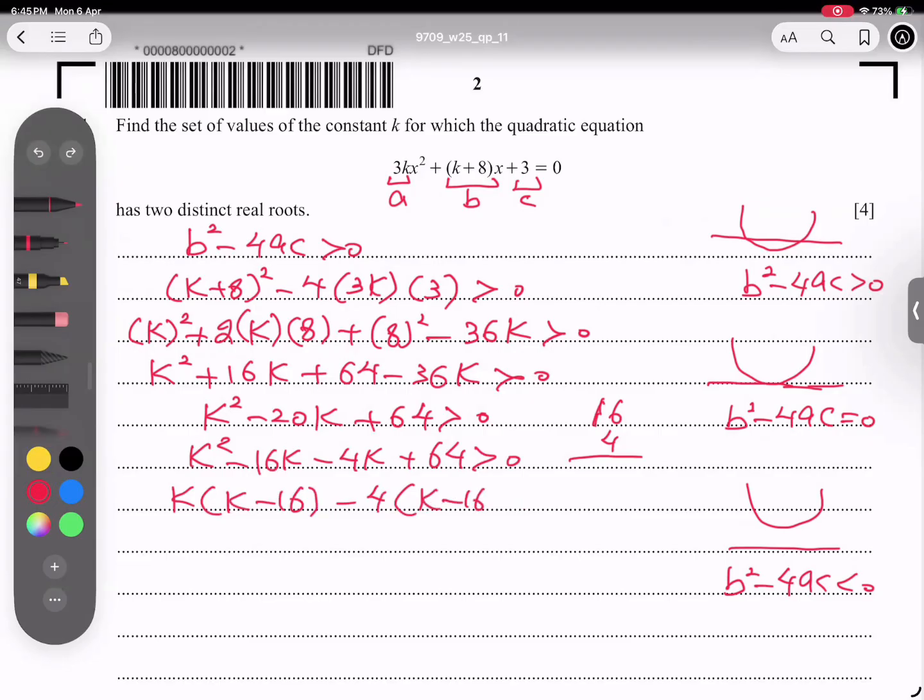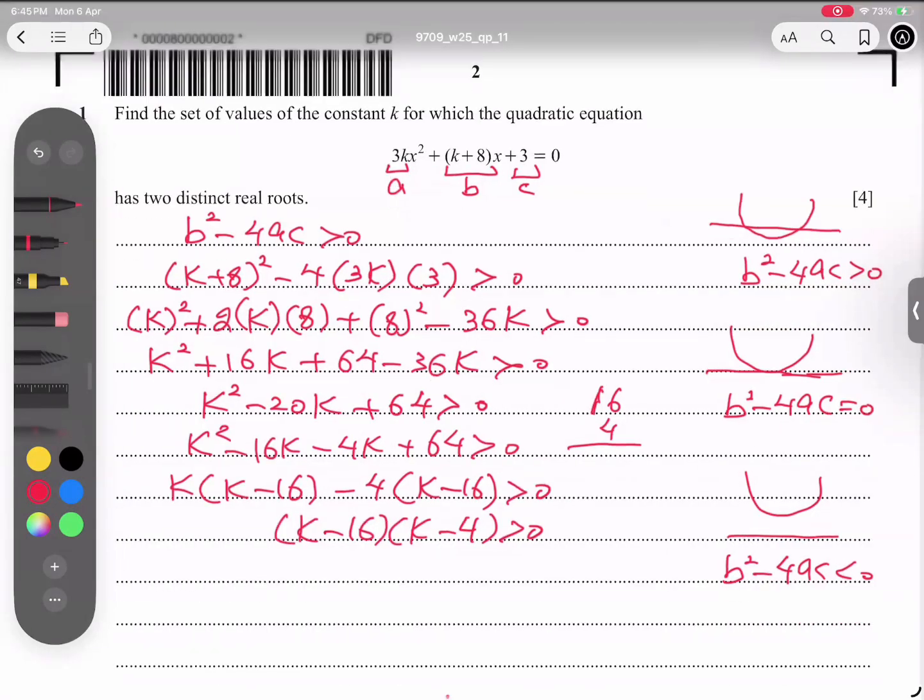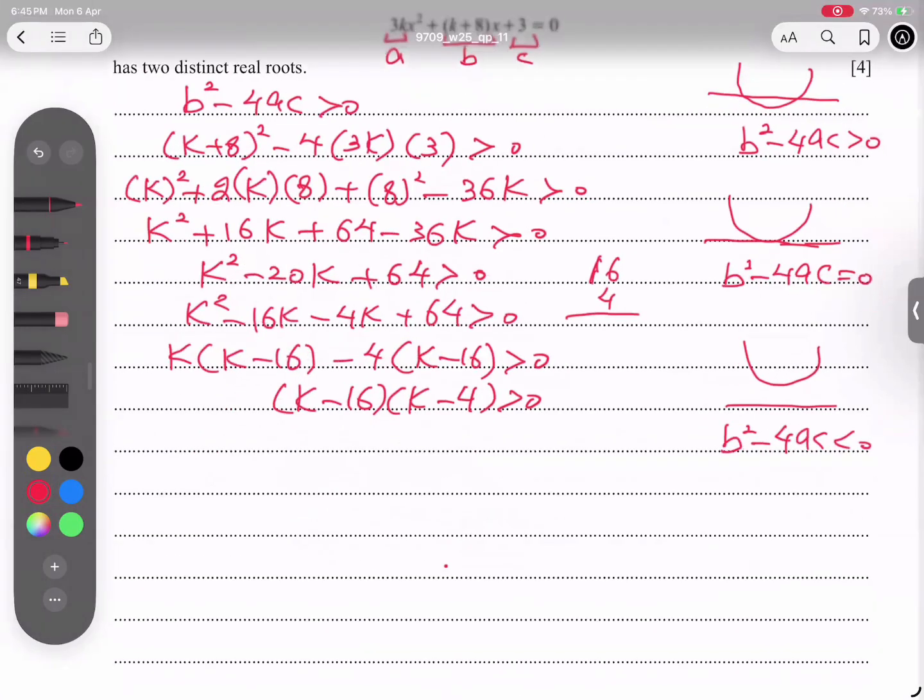So I think this part is clear. So now I got k minus 16 and k minus 4. And the conditions, because we have k squared positive.